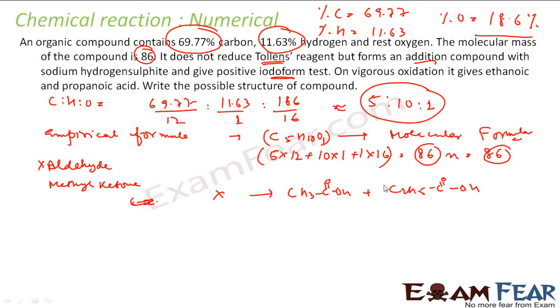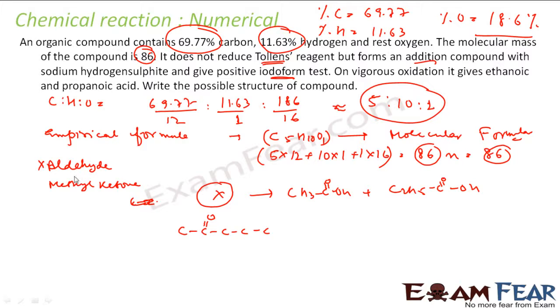So if you see, total carbon is 5 itself. So the compound is made of these two only, right? This has to be 5 carbon, C5. This is the molecular formula we have got, so X is nothing but a 5 carbon chain, 1, 2, 3, 4, 5. And the carbonyl has to be somewhere here, and that's why you get methanoic or ethanoic acid.